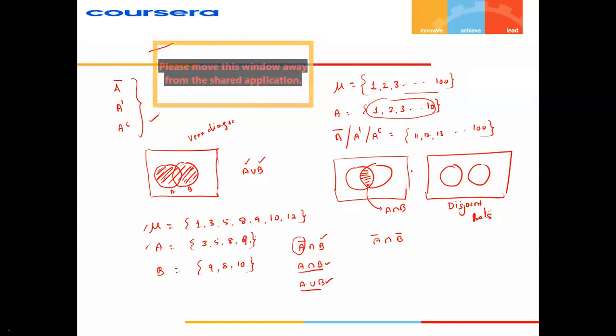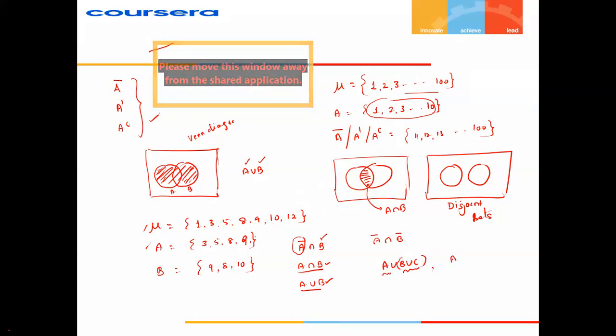Now, I hope you are comfortable, right? Set theory is very simple. If you understand the basics of union, intersection, complement, then we extend this. Suppose one more set is given. Suppose A union B union C, if we want. The same thing. First, we take B union C. Then we go with A and go for union.